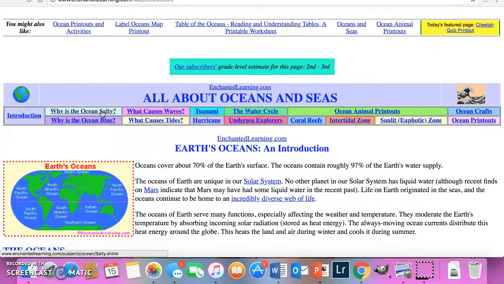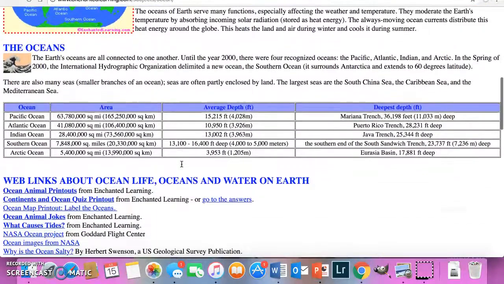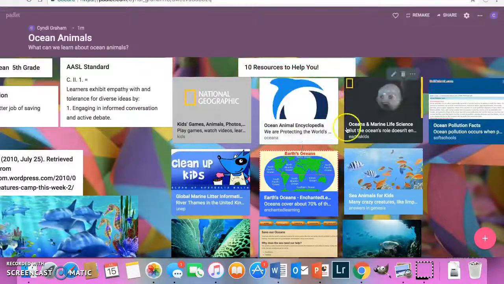We have Earth's Oceans, all about oceans and seas. This tells you why the ocean is salty, what causes tidal waves, the water cycle, ocean animal printouts, which you probably won't need during this. What causes tides? Why is the ocean blue? Here's an introduction, and it tells you about the different oceans as well. Then we also have Sea Animals for Kids.